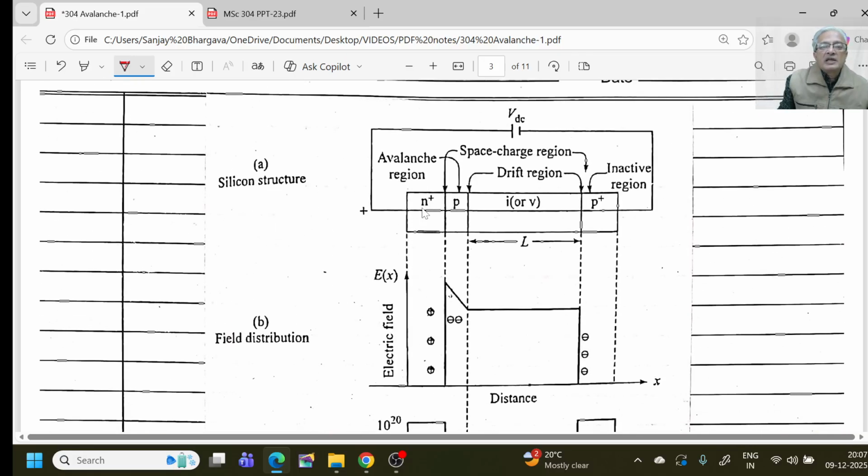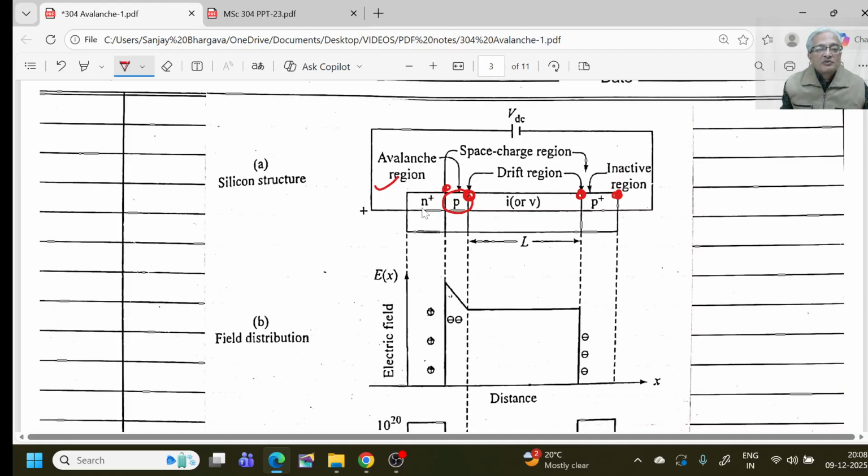This would be called the avalanche region, that is this one. From this boundary to this boundary, it is called the space charge region, while from here to here it would be called the drift region, and from here to here it would be called the inactive region, right?